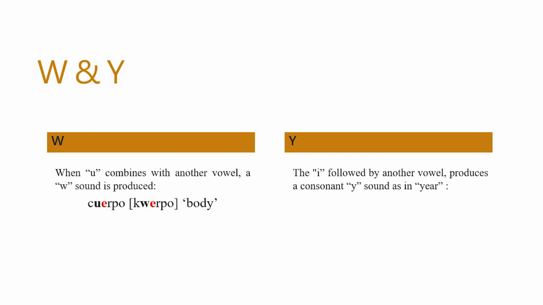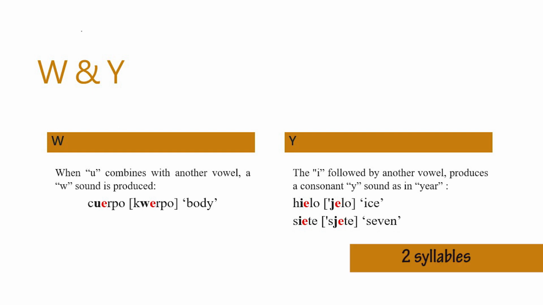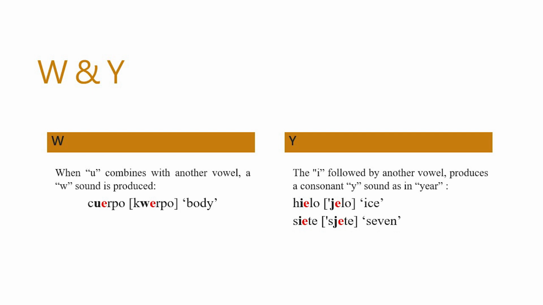The word for ice in Spanish, you might think it sounds like "yellow" in English, is "hielo". And in "siete", you have a diphthong. Therefore, these two words are not three syllables. They are two because you have a diphthong and then a monophthong. You have the word "hay", which means there is, there are. The head comes first and it ends in an off glide, which is the non-syllabic part.